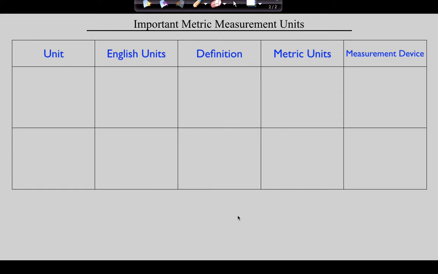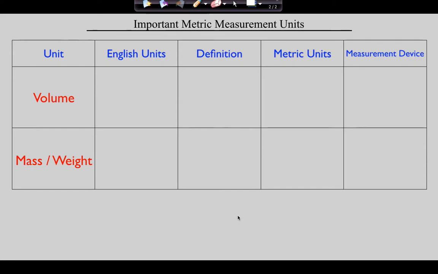And we're not going to do that in a science class. We're actually one of the only countries on the planet that still plays those games. But we will talk about English units simply because it's what we know. Then we'll talk about definitions. We'll talk about the metric units we'll use, and then the devices we use to measure these, although you already know those. So guys, we're going to talk about volume, and we're going to talk about mass and weight.